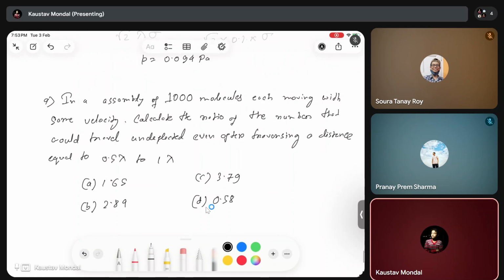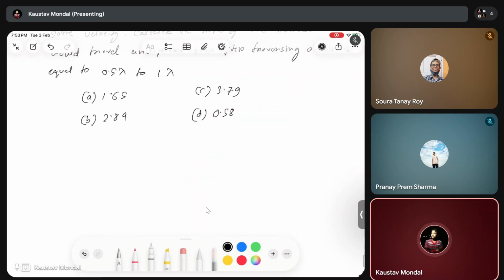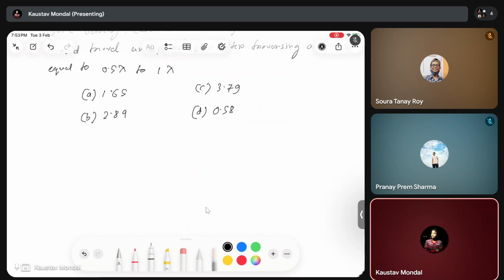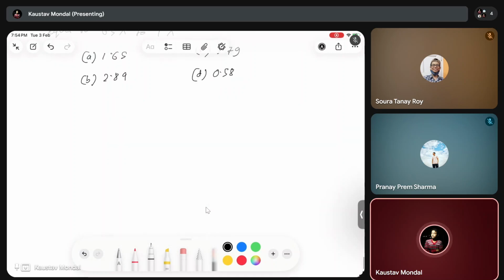So 1000 molecules that move with the same velocity. Calculate the ratio of the number. Ratio means the fraction here, so we calculate the fraction of the molecules. The same way, we know that N is basically N naught into e to the power minus x by lambda.